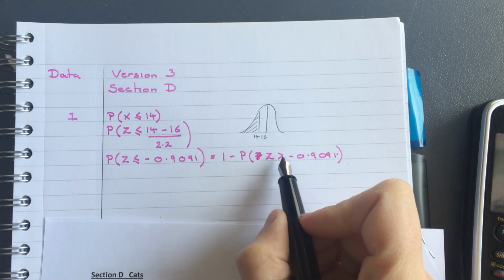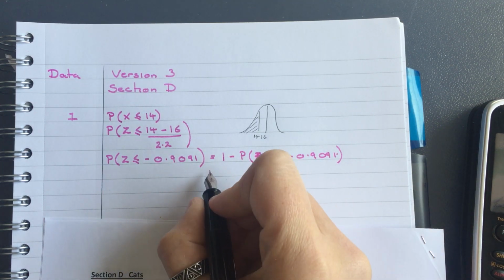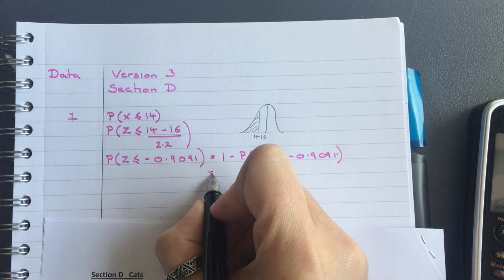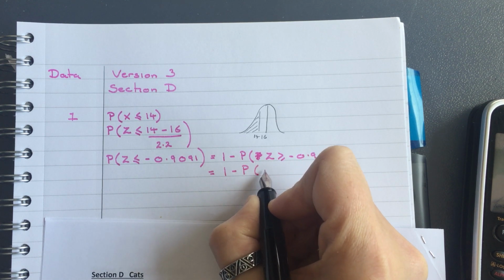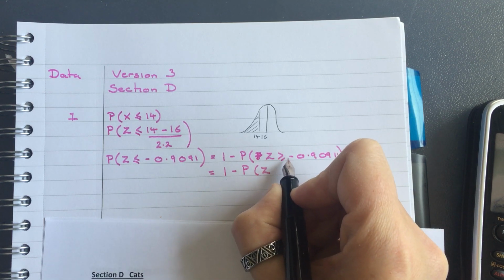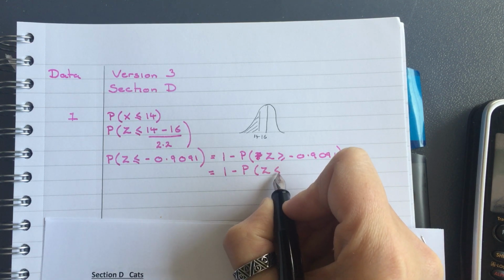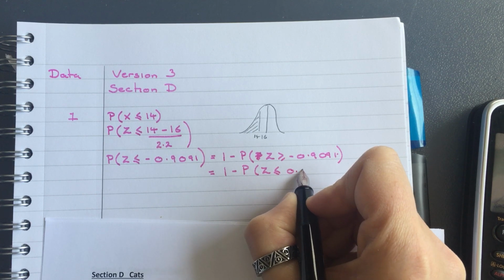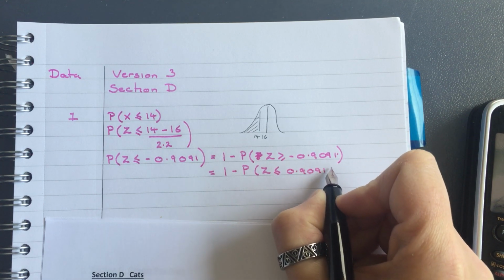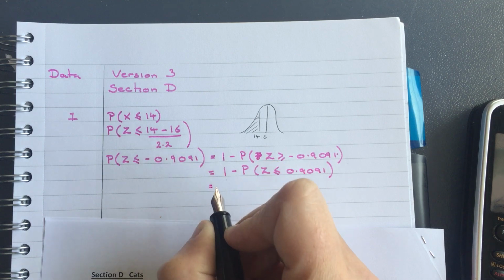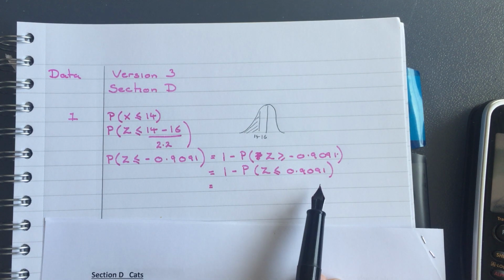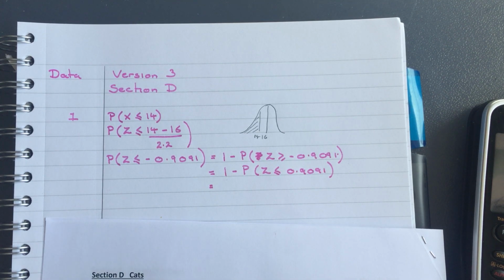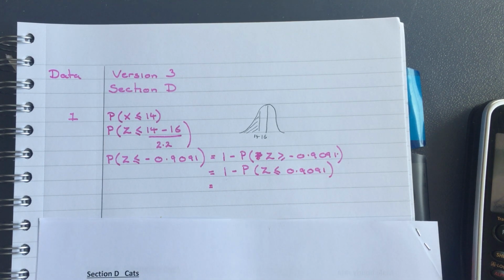But we can only deal with positive values, so we can flip the sign and change the sign. This number can then be looked up on the tables. If you're doing it on a calculator, you do it a little bit differently.